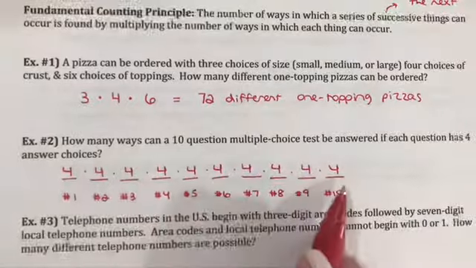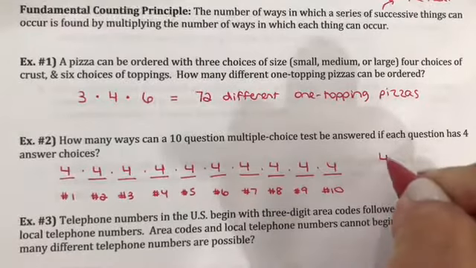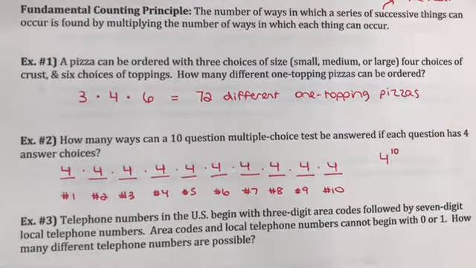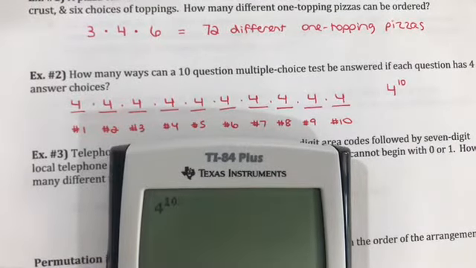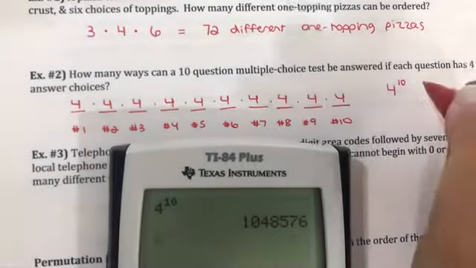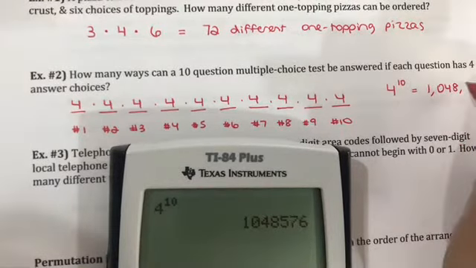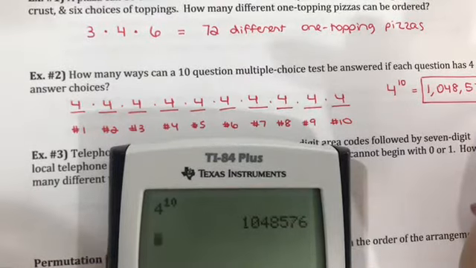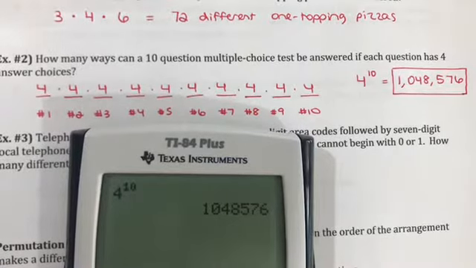Now, I can sit and multiply this out, or I can write it a little bit easier and say it's 4 times itself 10 times. That's 4 to the 10th power. So when I type this into the calculator, I get 1,048,576. Those are all the different ways that we could answer the questions on the test.